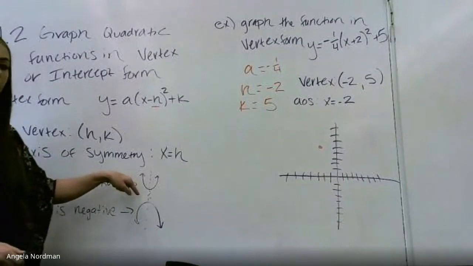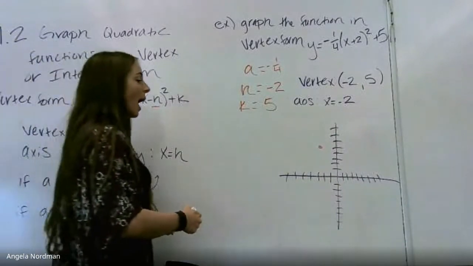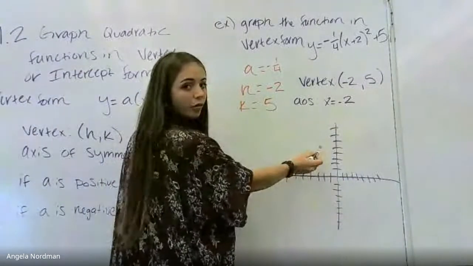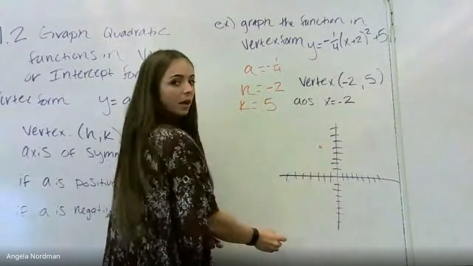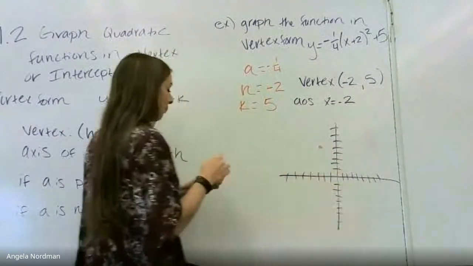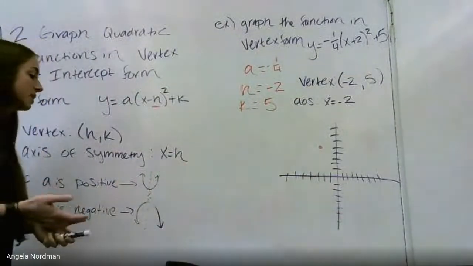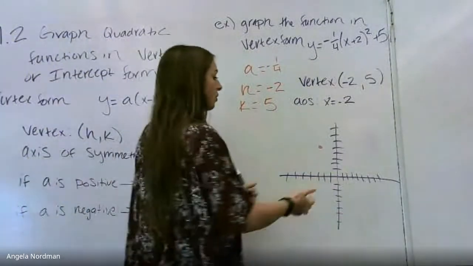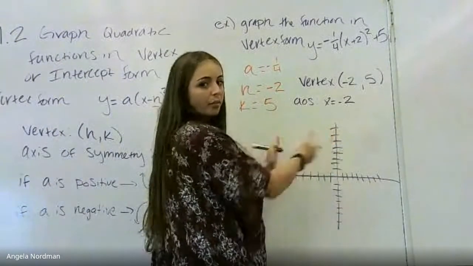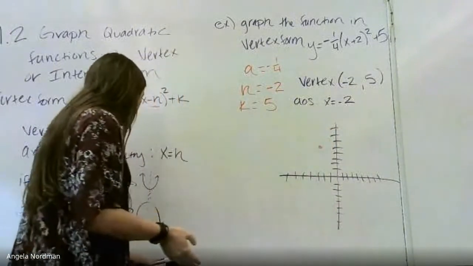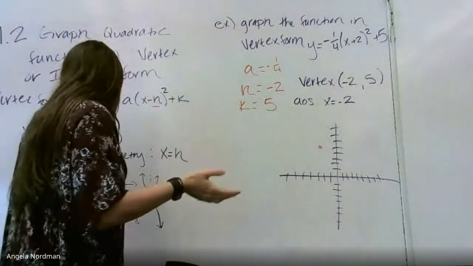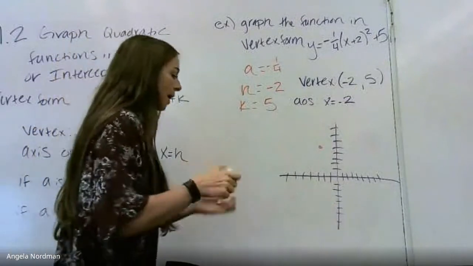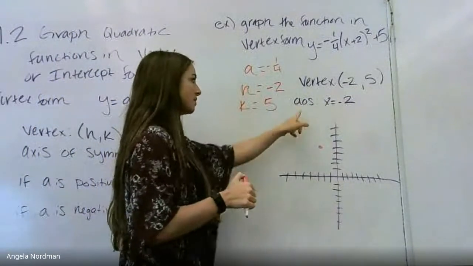Right here, I open down. So whatever happens from here, I know that from this vertex, I'm gonna have something coming down this way and something coming down that way. So what that tells me is I should probably start finding out information at what happens to the left and right of my vertex.